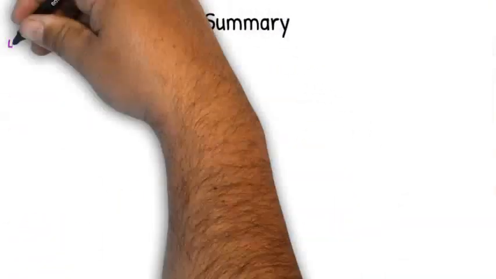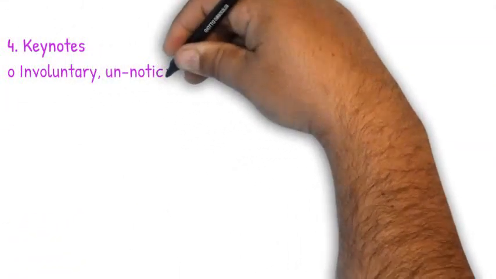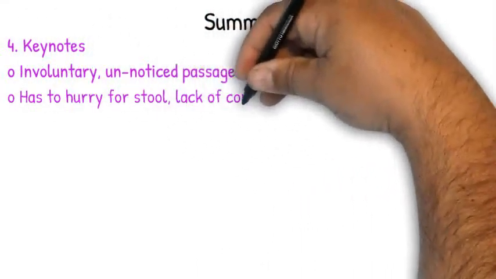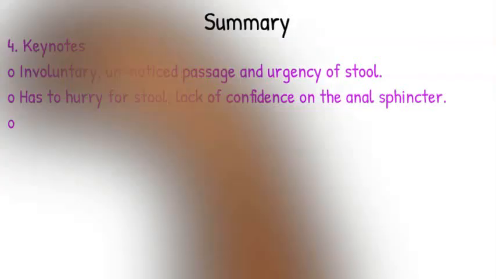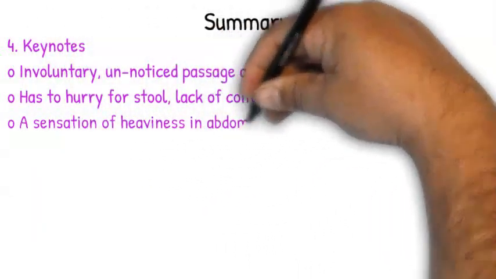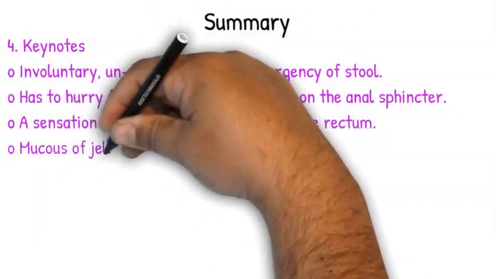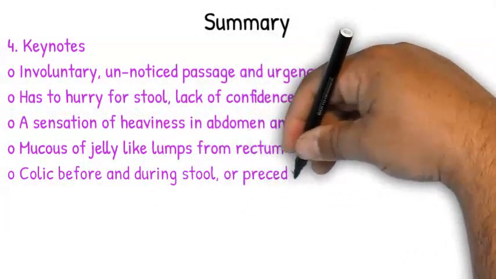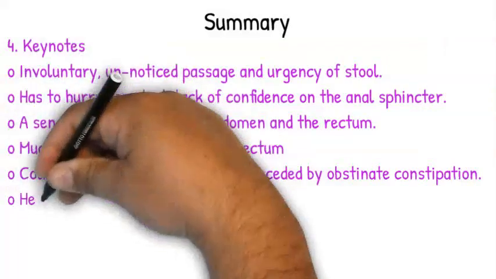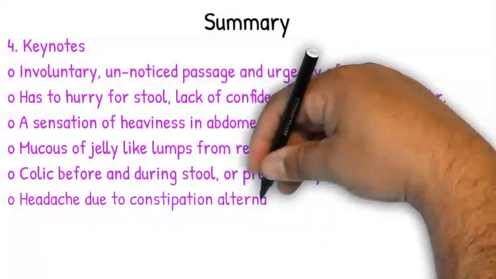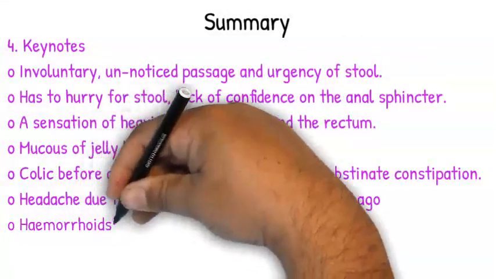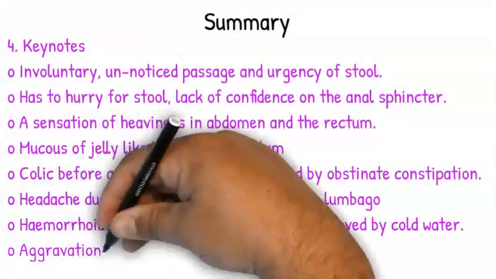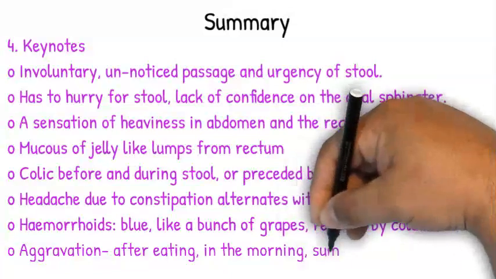In the keynote symptoms: involuntary unnoticed passage and urgency of stool, has to hurry for stool, lack of confidence in the anal sphincter, a sensation of heaviness in abdomen and rectum, mucus of jelly-like lumps from rectum, colic before and during stool or preceded by obstinate constipation, headache due to constipation alternates with lumbago, hemorrhoids blue like a bunch of grapes relieved by cold water, aggravation after eating, in the morning, summer are the main keynote symptoms.